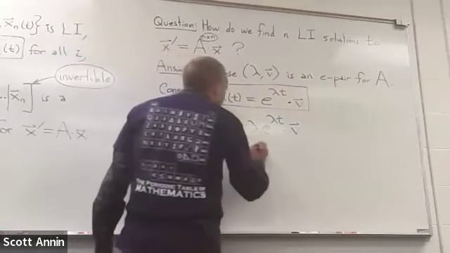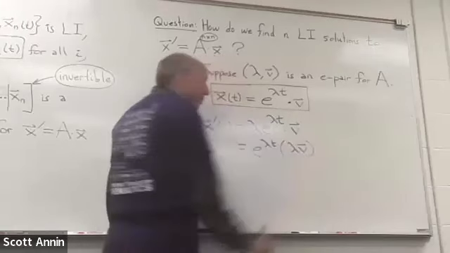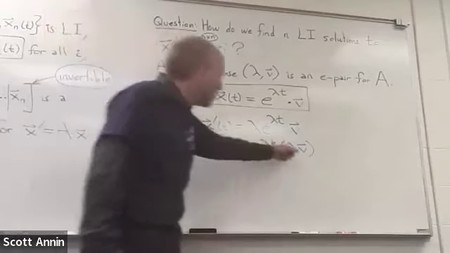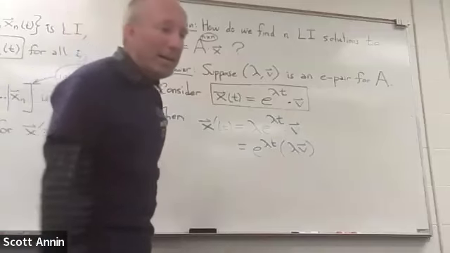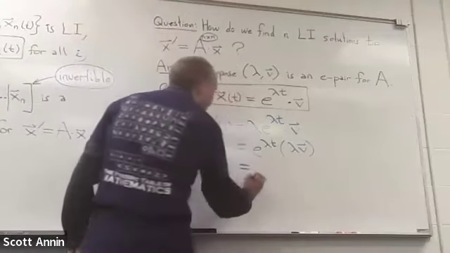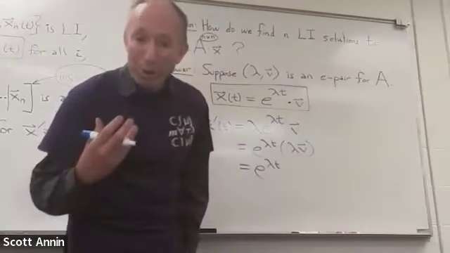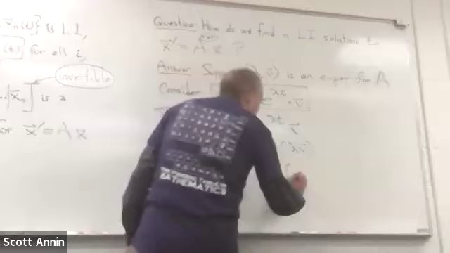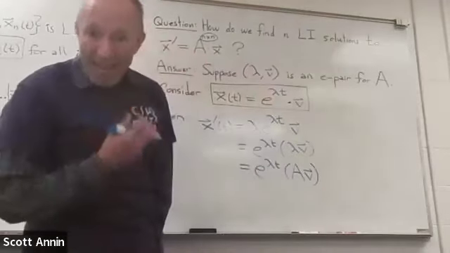But now I want to point out that we can just as well go ahead and move that lambda over there with the v. I'm going to just rearrange the scalar lambda so that it's in front of the v right here. And my reason for doing that is that one of the most important things that we know is, well, in fact, what I like to call the most important equation in the theory of eigenvalues and eigenvectors is that lambda v is actually the same thing as Av.